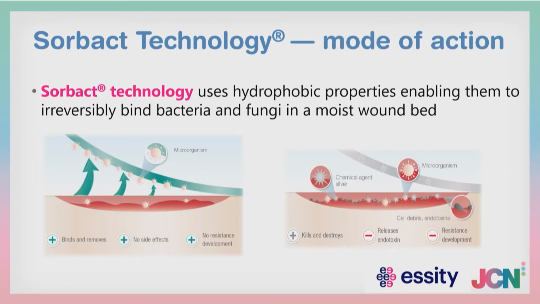So the mode of action with Sorbact technology is that it uses hydrophobic properties, enabling them to irreversibly bind bacteria and fungi in the moist wound bed. You can see with the diagram on the screen there how the bacteria binds to the dressing, and when it removes, they are lifted away.